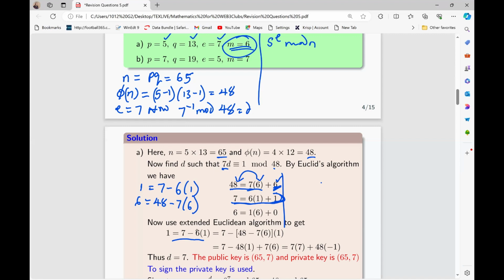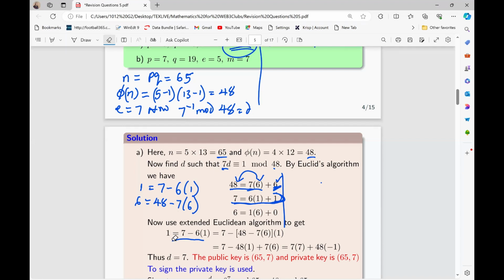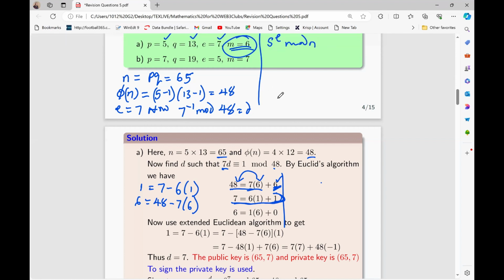Now let's come to where I'm doing my working. This is my working. The first remainder here was 7 minus 6 multiplied by 1. So 1 is 7 minus 6 multiplied by 1.